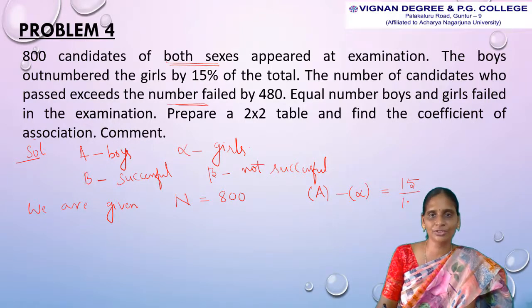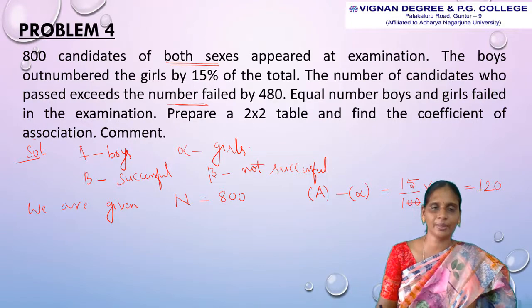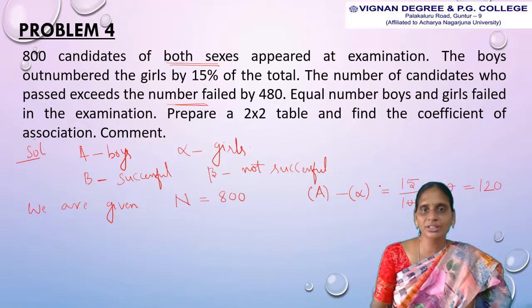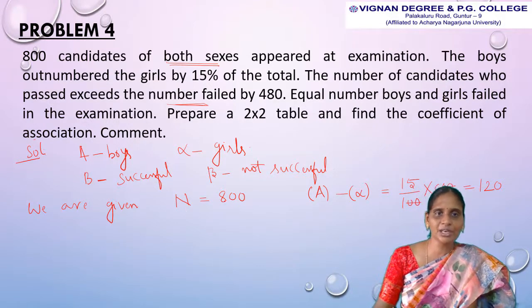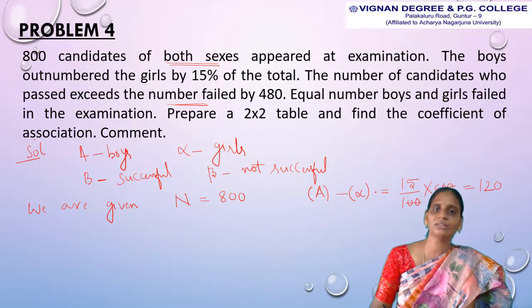That means 15 by 100 into 800. In the calculation, we get frequency of A minus frequency of alpha is 120. So based on these two values, capital N is equal to 800 and frequency of A minus frequency of alpha is equal to 120.